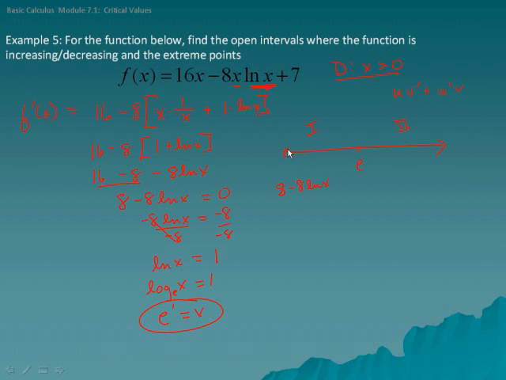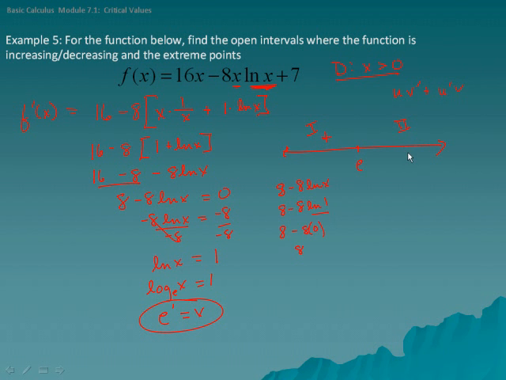It's e to 0 here. So we're looking at an area in here. Let's put in 1 and see what happens. So that would be 8 minus 8 times the natural log of 1. And the natural log of 1 would be equal to 0. So we'd have 8 minus 8 times 0, which is going to be 8. So we've got a positive derivative here.